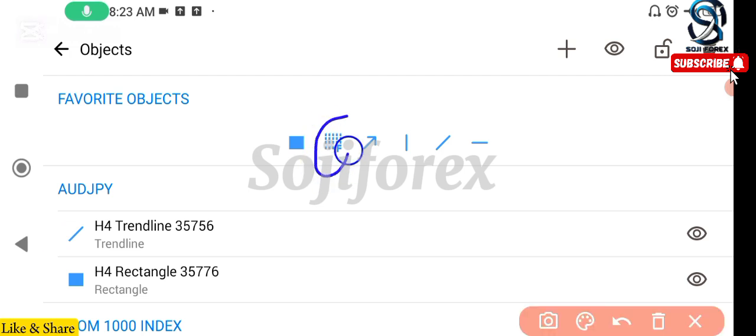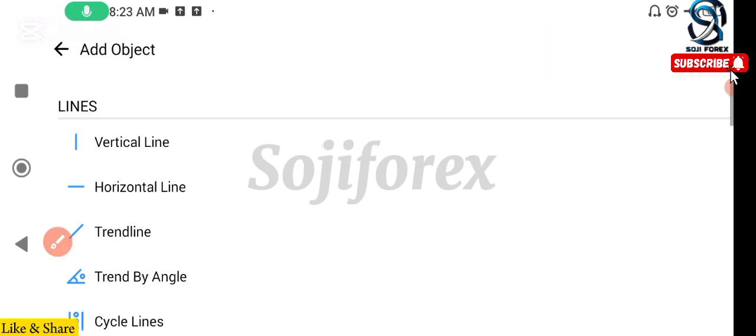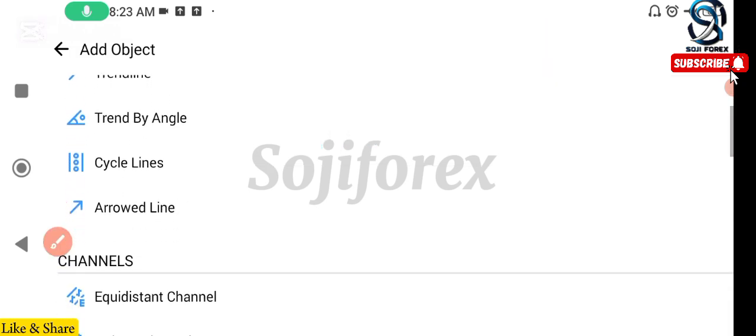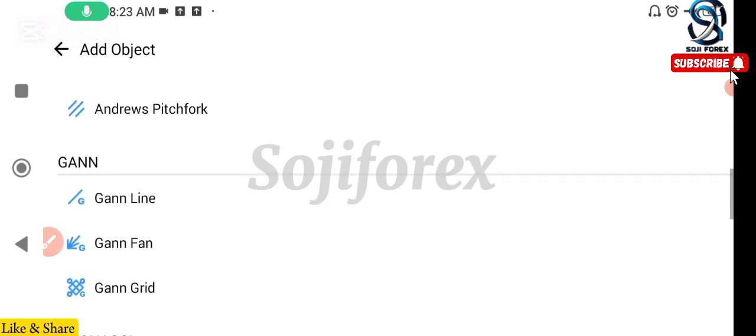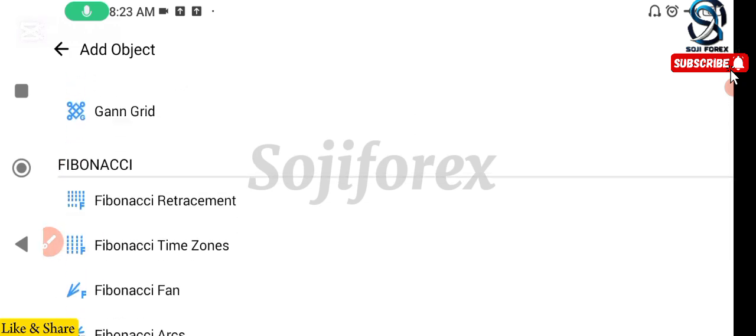But if yours is not visible, all you need to do is click on this plus sign. I'm going to click on it now. So you will now scroll up. You will see Fibonacci retracement tool. This is it, Fibonacci retracement. So I'm going to click on it.